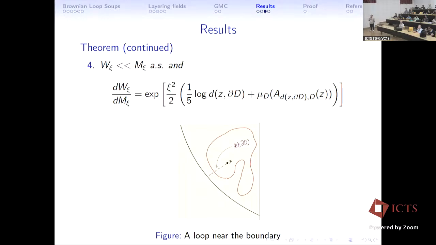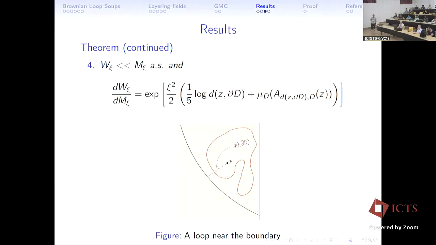This is a zoomed-in part of the boundary of the domain, and z is this point, with a distance from the boundary, dz del D. This counts all the loops which cover z but have diameter greater than the distance between z and the boundary. So this is the term that appears here.